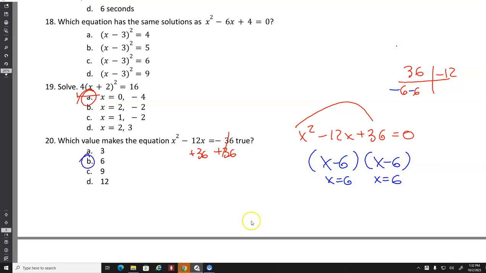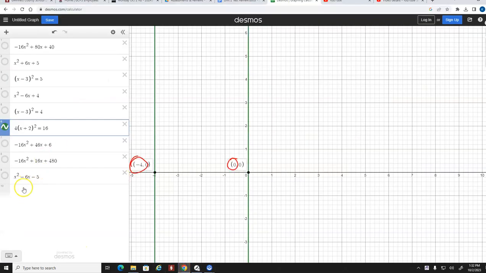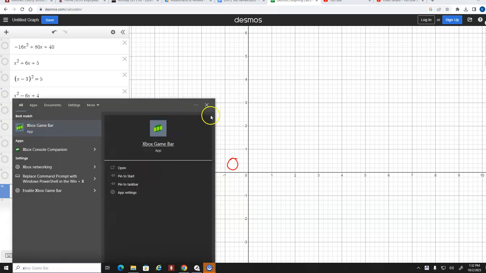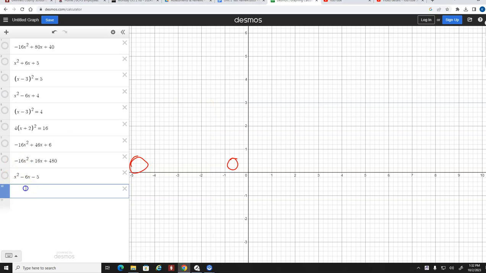I can also use Desmos, plug it in right here, and make sure I check my answer, okay? So this one was x squared minus 12x equals 36.